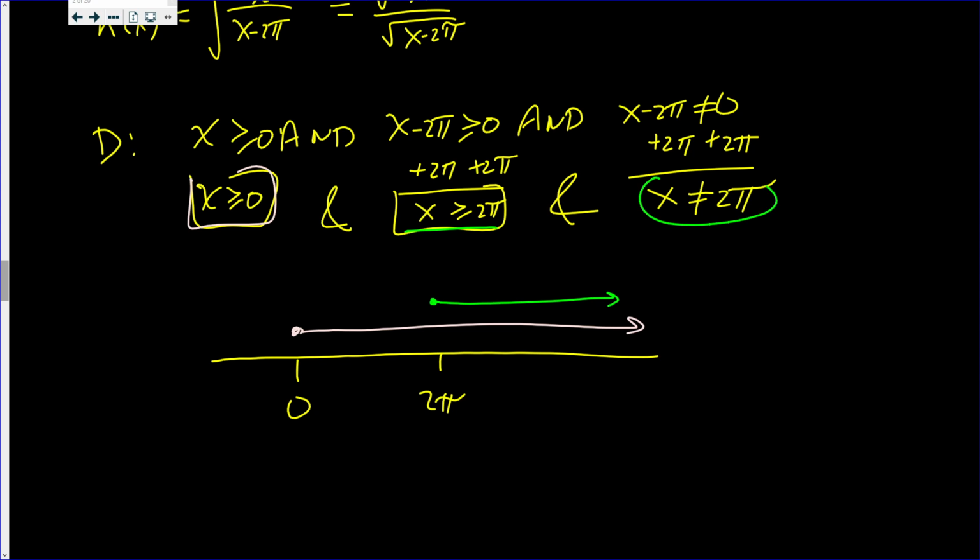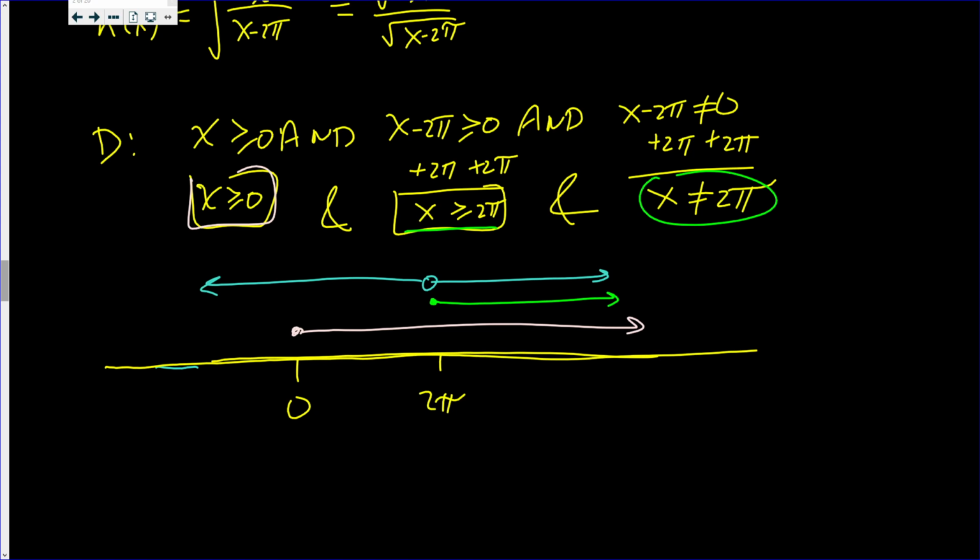The third one says it can be every number except 2 pi. It can't be 2 pi, but it can be larger, it can be smaller. Which numbers, if any, on this yellow number line have all three lines above them?